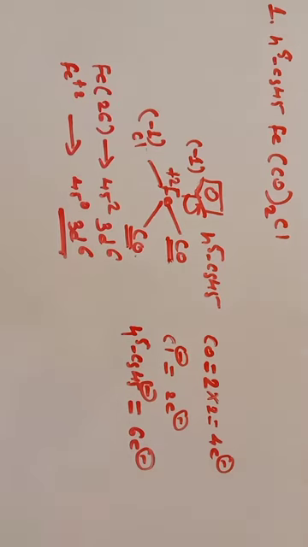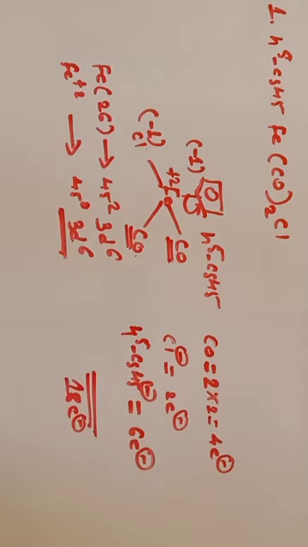So if you count the total, 6 plus 4 is 10, 10 plus 2 is 12, and 12 plus 6, we get an 18 electron species. So in total, this is your 18 electron species.